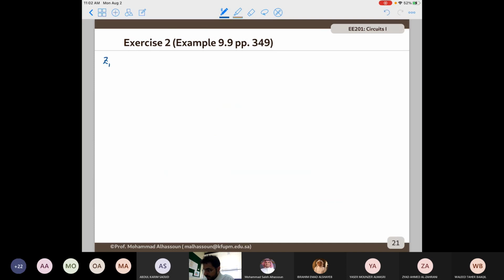We have Z1 parallel with Z2, which is 1 plus J3 parallel with 9 minus J3. Again, you can do all of these calculations in your calculators. It gives 1.8 plus J2.4.